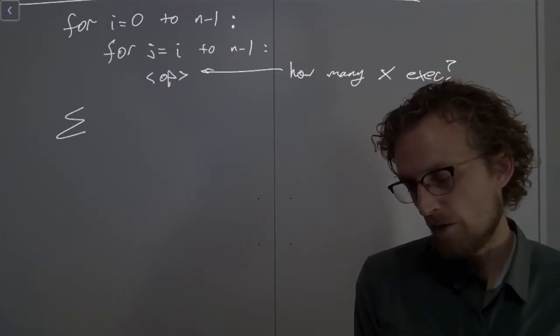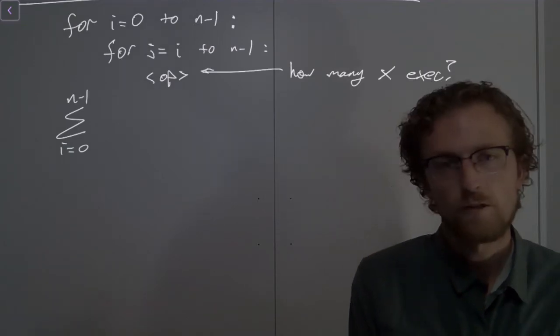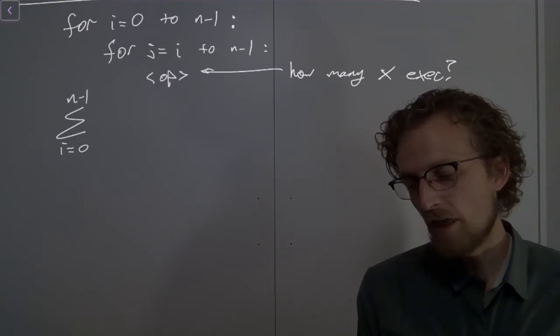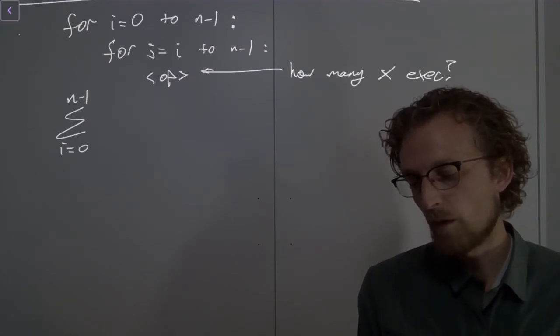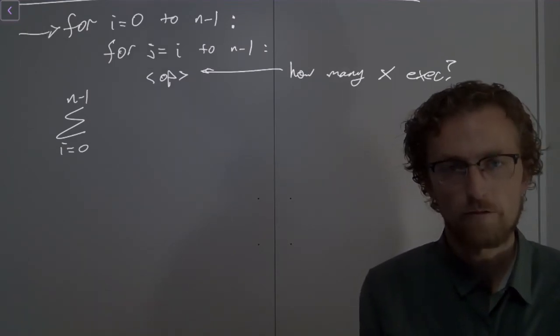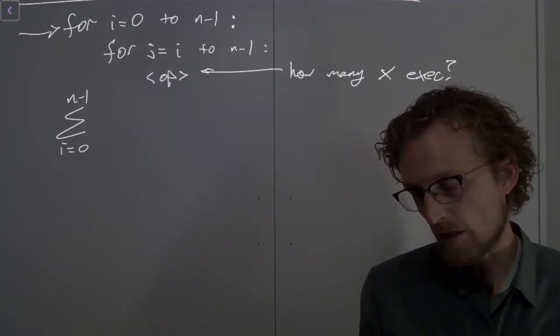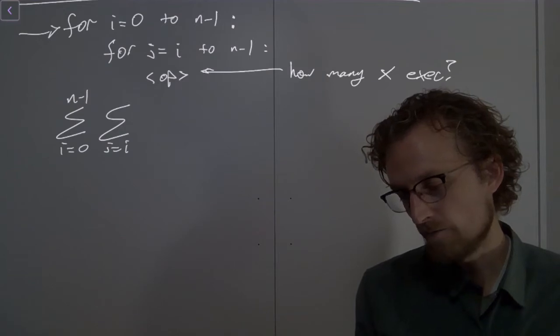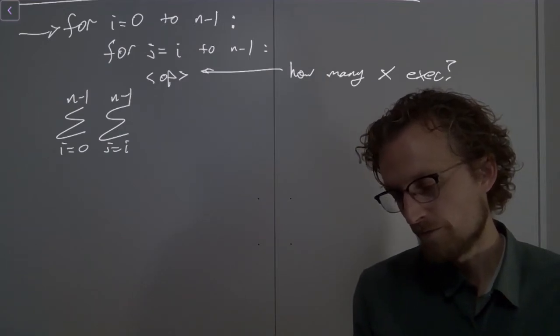So what do I have? Well, this is the sum from i equals 0 to n minus 1. Each time this sum ticks, it's like the outer for loop in this nested for loop ticking. And then what's on the inside of this? Another sum from j equals i to n minus 1.